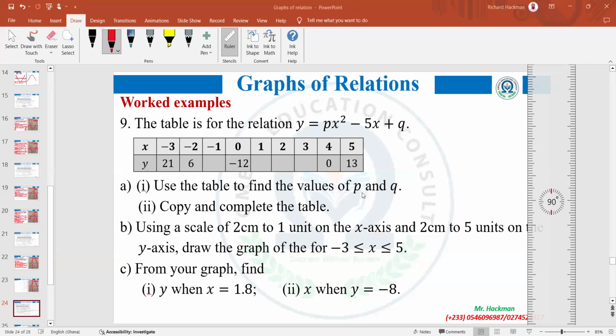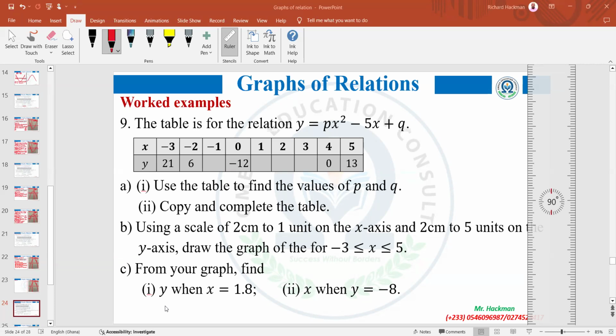If P or Q is wrong, it means obviously the rest will be wrong, because you'll be dealing with the wrong relation and therefore the wrong table, the wrong plot, the wrong graph, and what have you. Is my point well made? Yes, please.